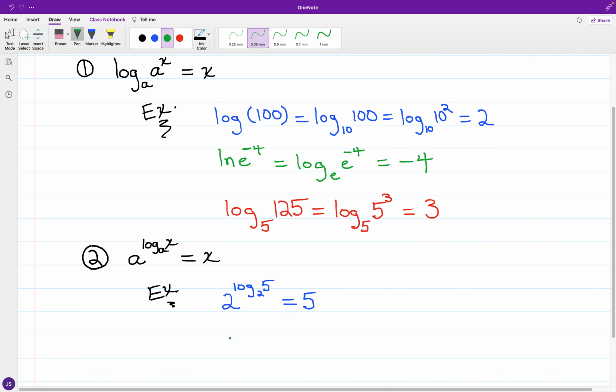And say I have 10 to the log of 2. Again, log is in reference to a base 10 logarithm. So in the rewrite, writing explicitly the logarithmic base, we have 10 raised to the base 10 logarithm of 2, and that is equal to 2.